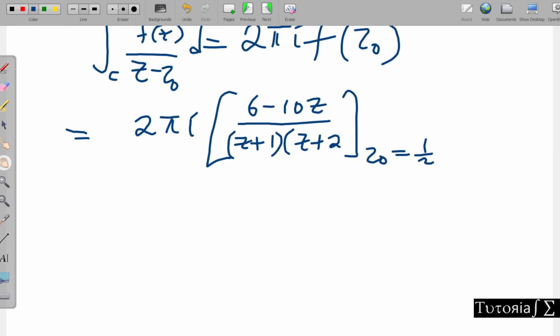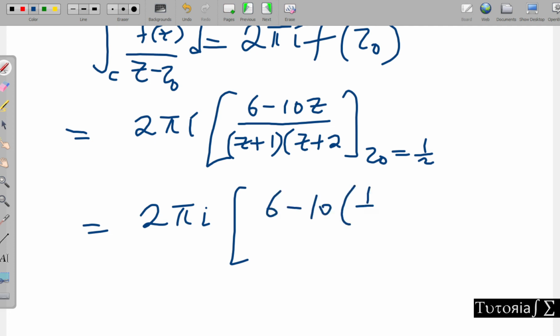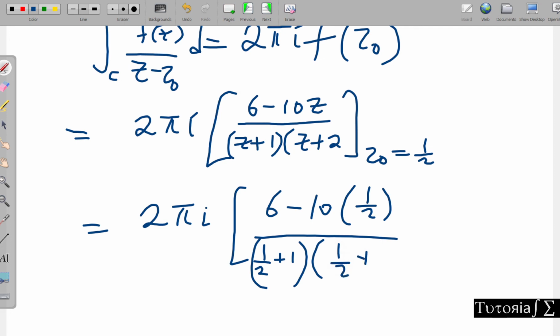Then now you can replace. So now we have 2 pi I, then 6 minus 10 times half, divided by half plus 1, then half plus 2.